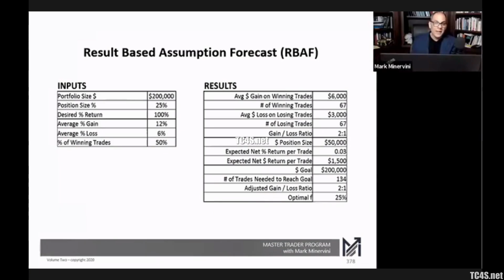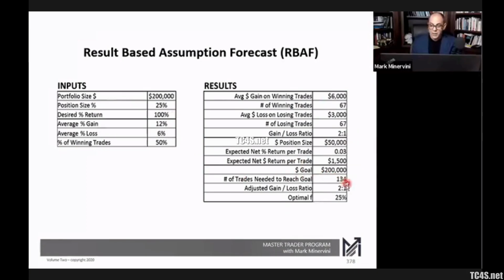We put them in the hopper, and it will tell you, okay, if your average gain is 12%, your average loss is 6%, your batting average is 50%, and your position sizing is 25%, it's going to take you 134 trades to get to a 100% return. You know exactly what you need to do.